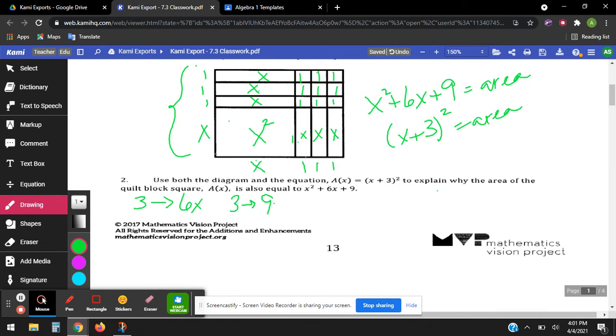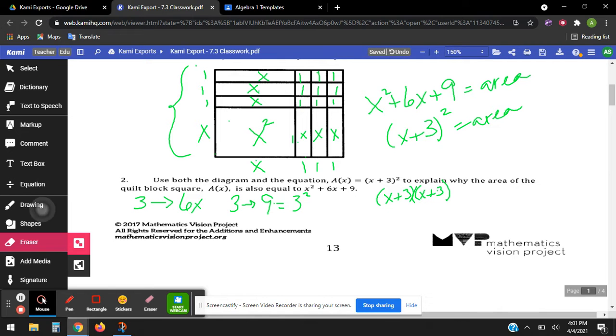Which is the same thing as 3 squared, right? And if we think of this mathematically, we can take our x plus 3 times x plus 3, and what we did the other day in our practice problems, wrong direction. Let's undo that.